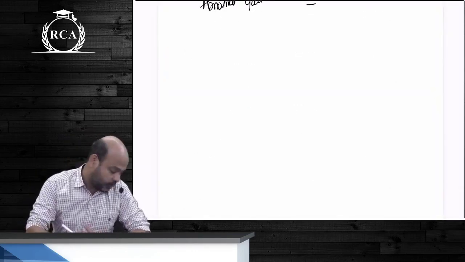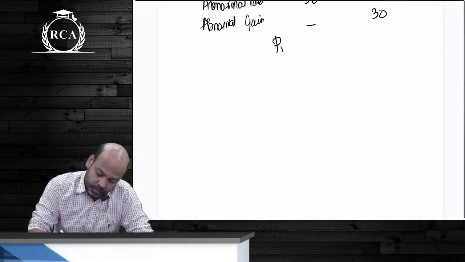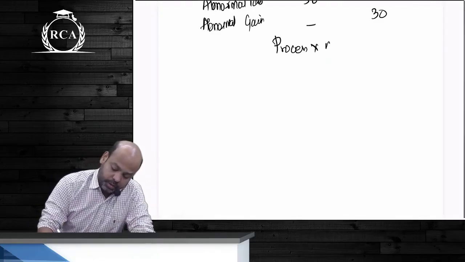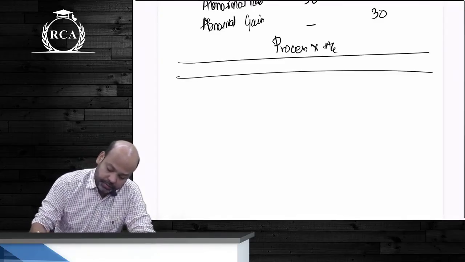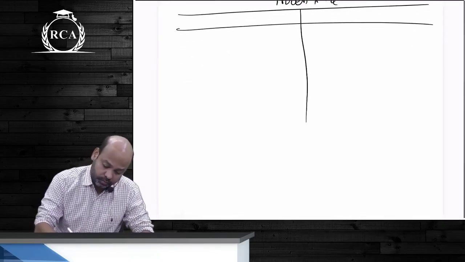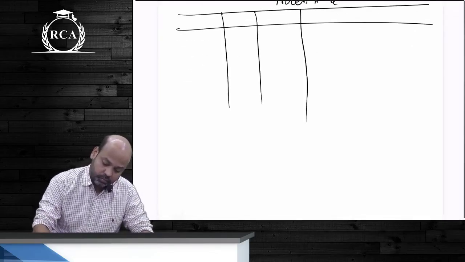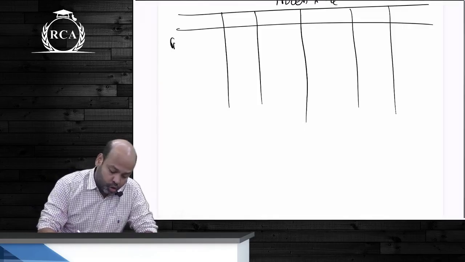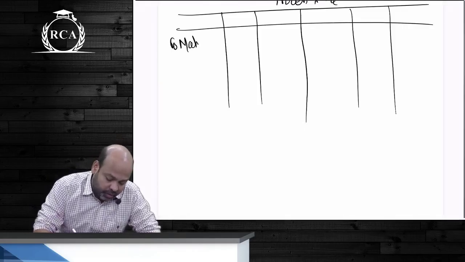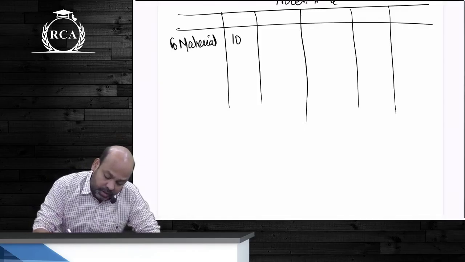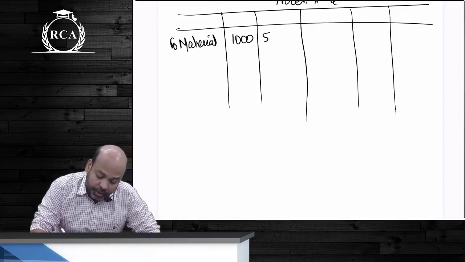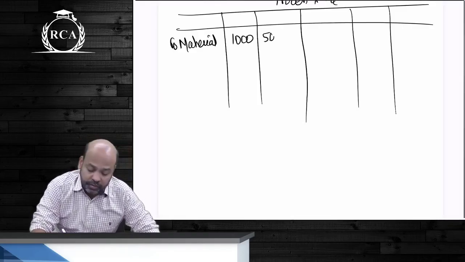Please check, guys. So process X account, guys. Two materials introduced. How much is the amount of material? 1000 kgs at a price of 50 rupees per kg, guys. So that will be 50,000.